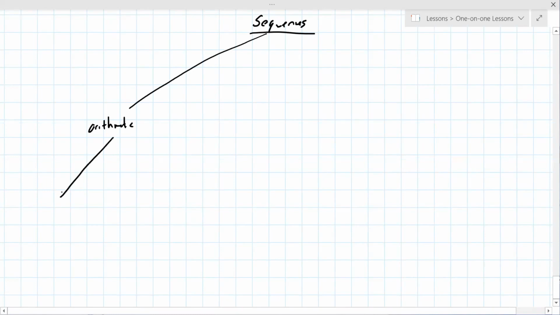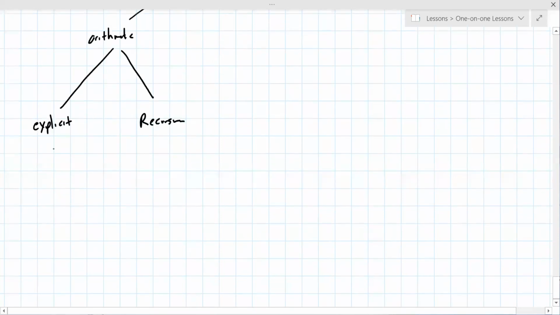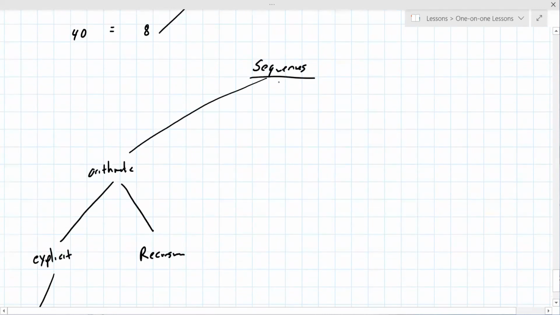For an arithmetic sequence, you can write an explicit or a recursive formula for each of them. When you know the explicit formula, you can always find a finite sum for it. The other type of sequence, which is what we're talking about in this last problem, is geometric.